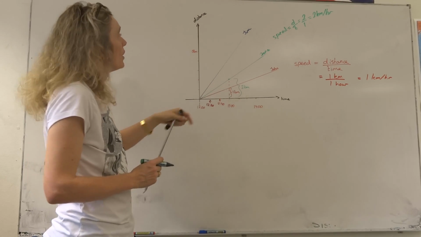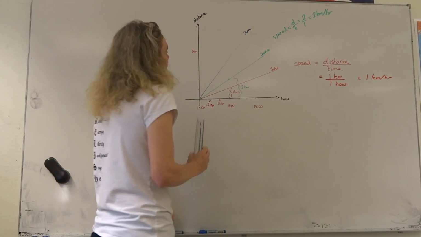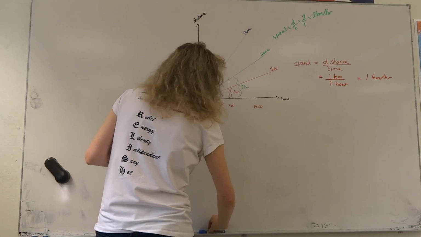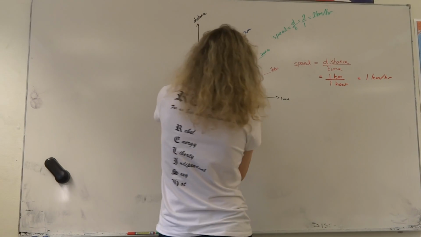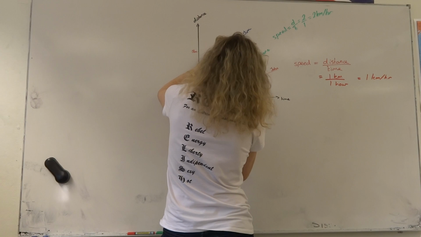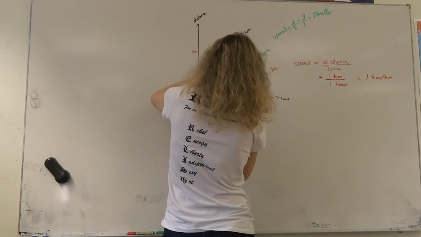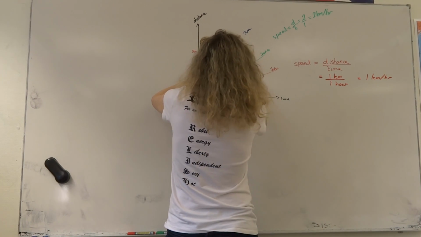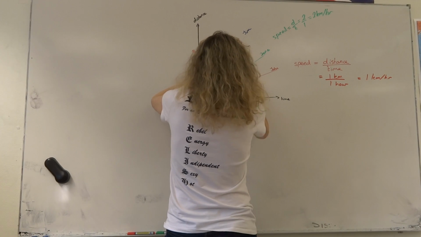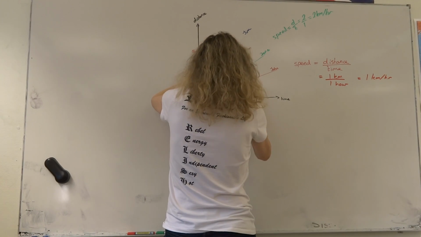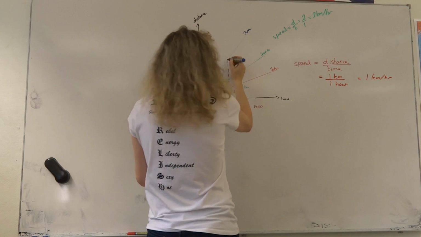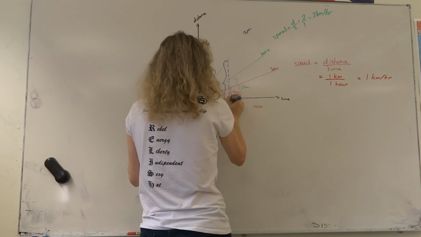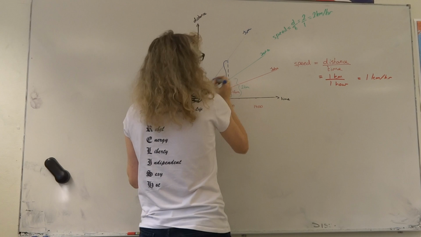So the steeper the graph gets, the faster the person's running, of course, because in the same time they're going further. Jim then, if we follow Jim's line up from 1 hour, we see that he ends up at 20 centimetres. So he's travelled a distance of 4 kilometres in 1 hour.